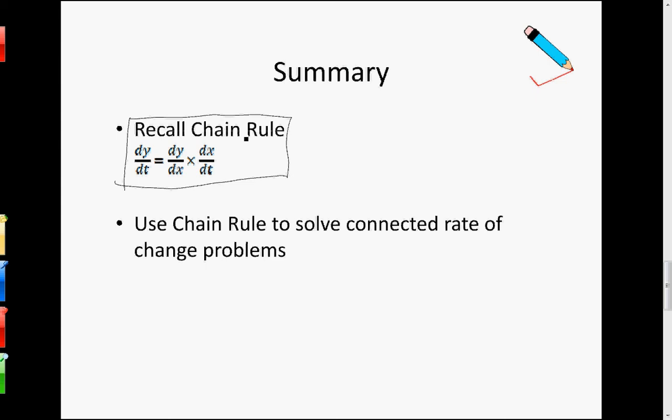We also learned how to use the chain rule to solve connected rate of change problems. If things are related by a certain equation, you can always differentiate the equation and find the rate. If you know the rate of change of one unknown, you can use it to find the rate of change of the other unknown.